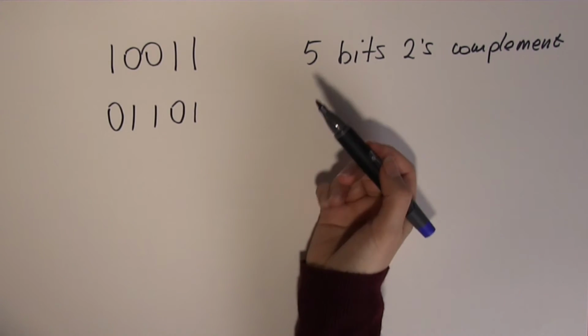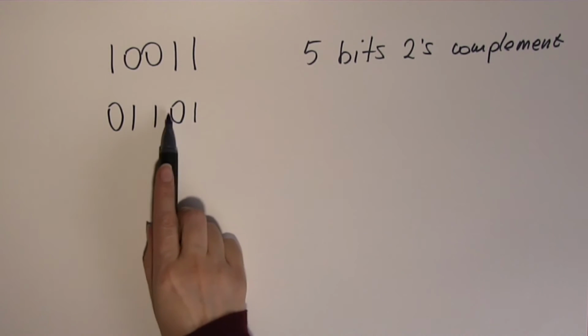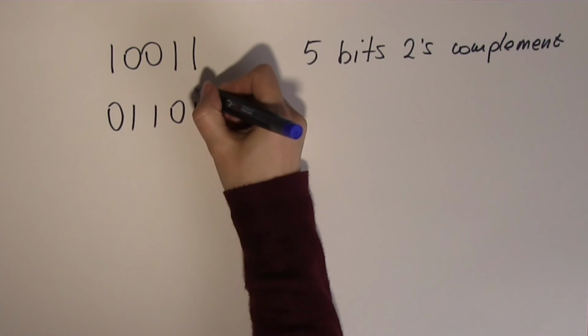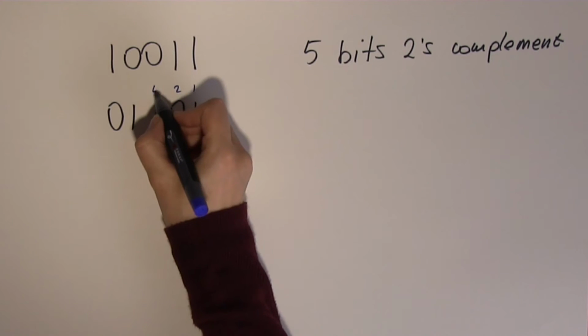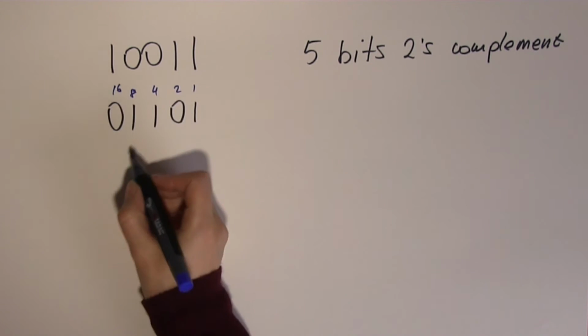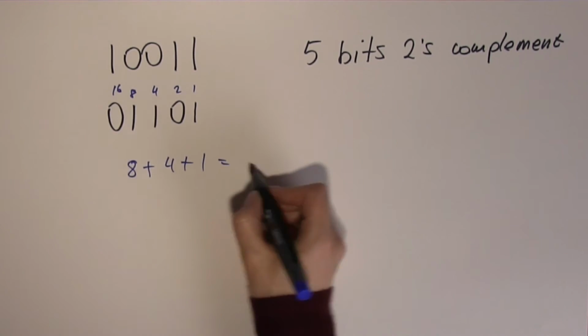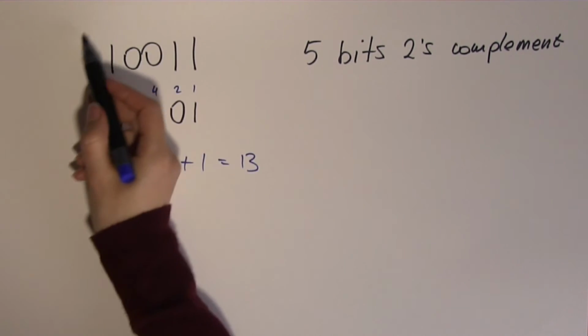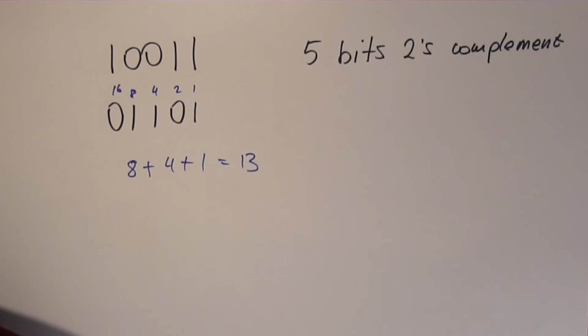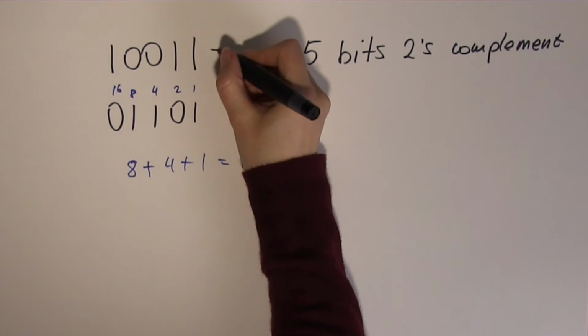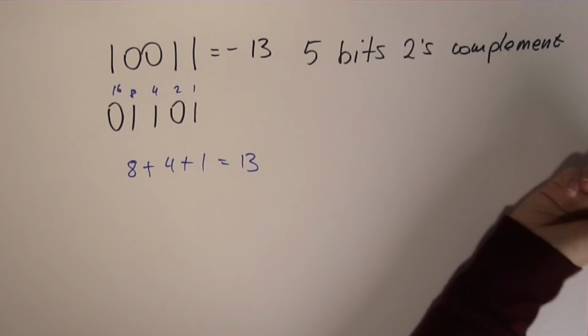And the next thing that I need to do now is find out what binary number this is. So just put the place values on top of the number. And then this one is 8 plus 4 plus 1, which is 13. So this number here is nothing else but negative 13.